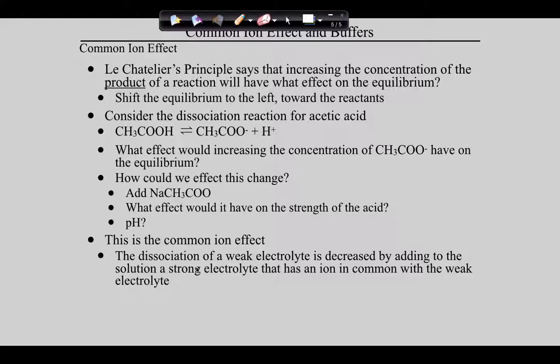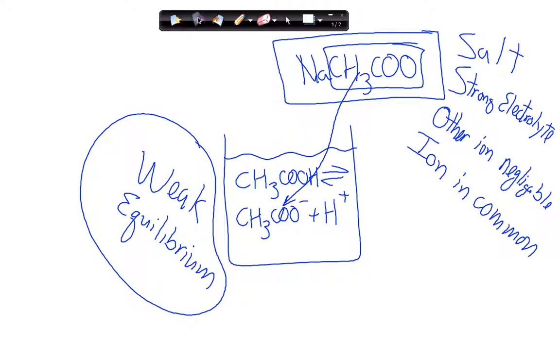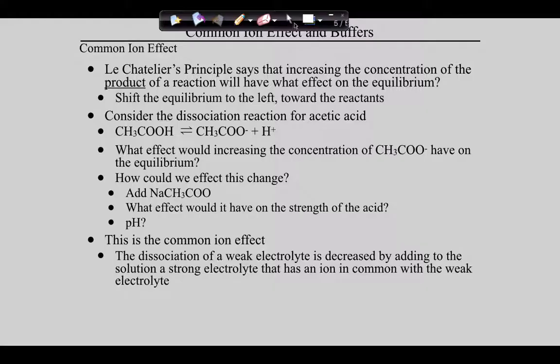So if you want one neat, tidy little package that you can stick on your refrigerator, this is it. This is the common ion effect. But if you understand this, you understand way more than the sentence. But if you like the sentence, there's the sentence.